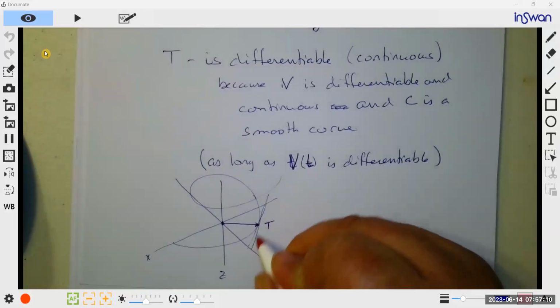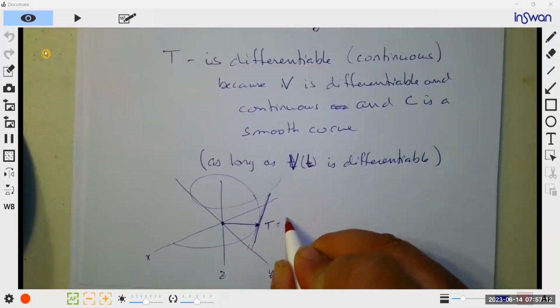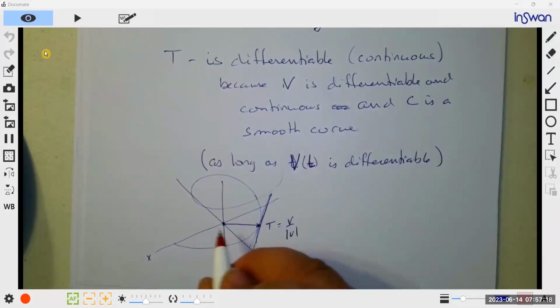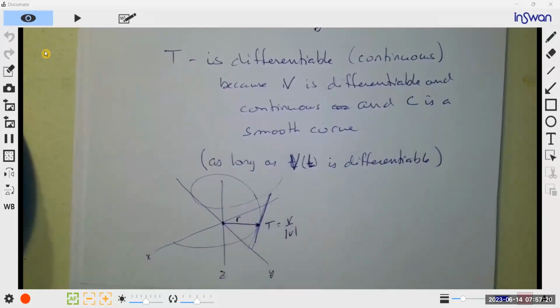The tangent vector T is that equation. So this is R. R is our parametric equation we start off originally. So that's what it's saying. It's tangent to it.